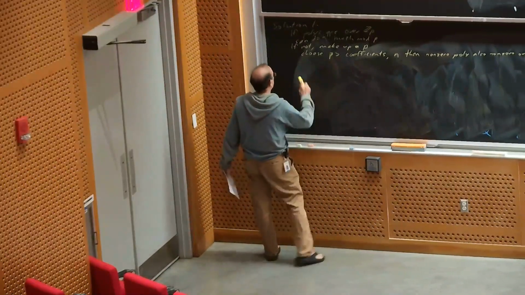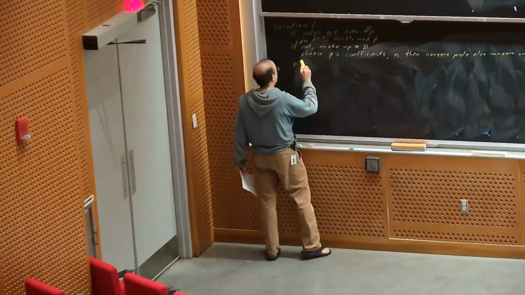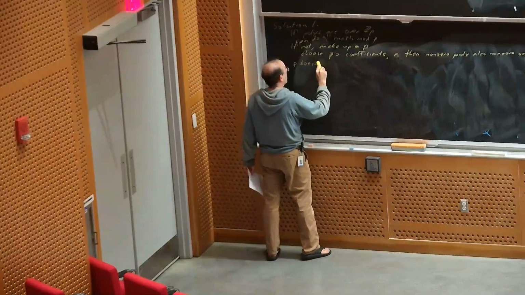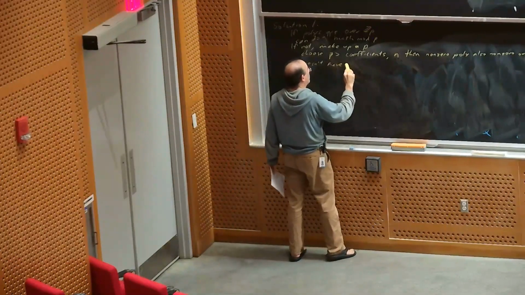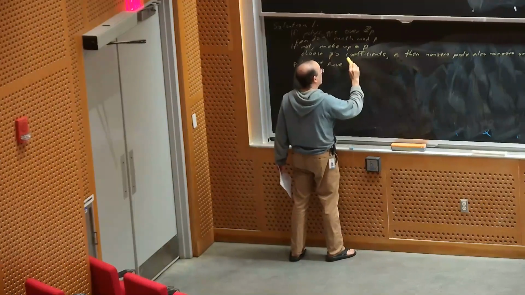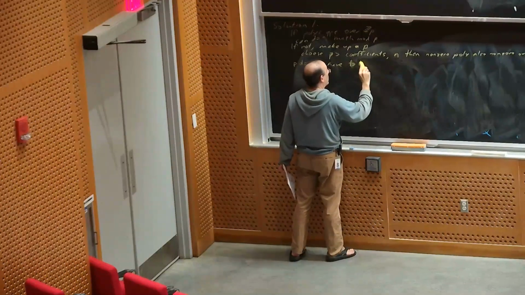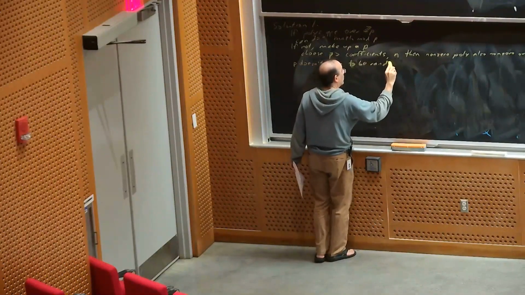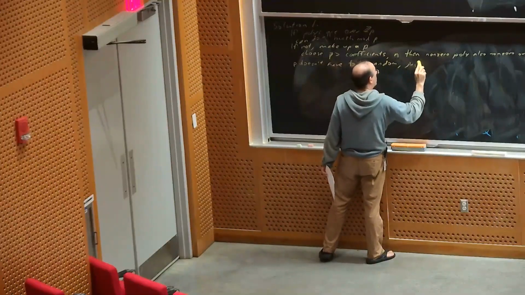And note here that p doesn't have to be carefully chosen, like we did a lot of stuff with random p last time. It just has to be big enough.